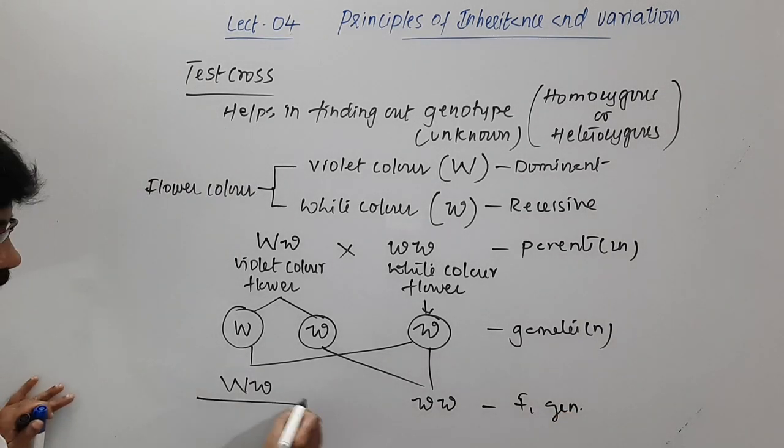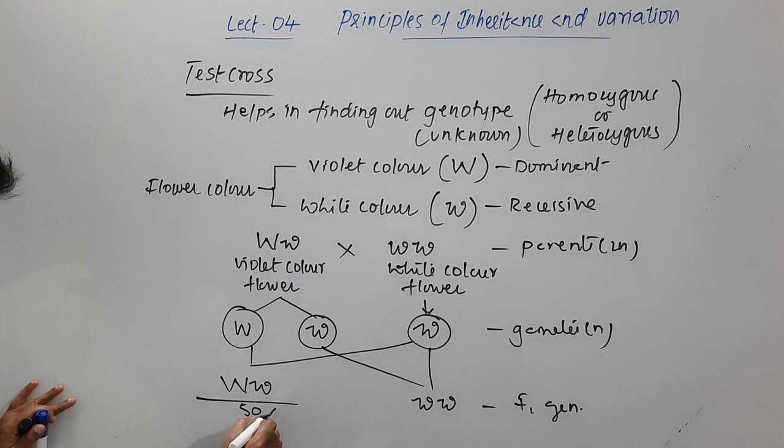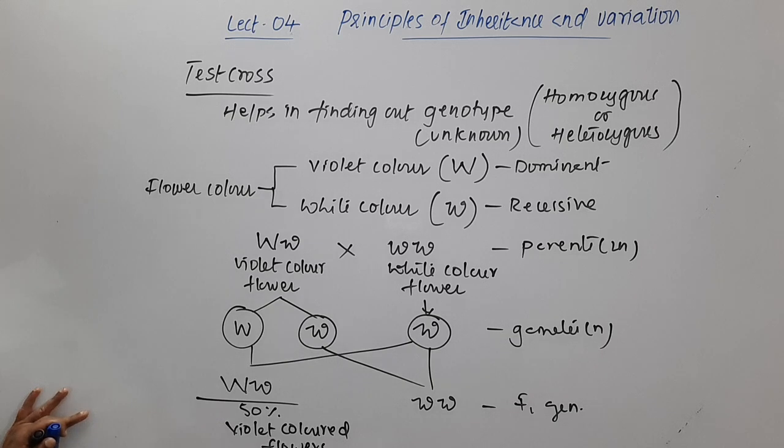We can see here that 50% of plants will have violet colored flowers, and the other 50% of plants will have white colored flowers.